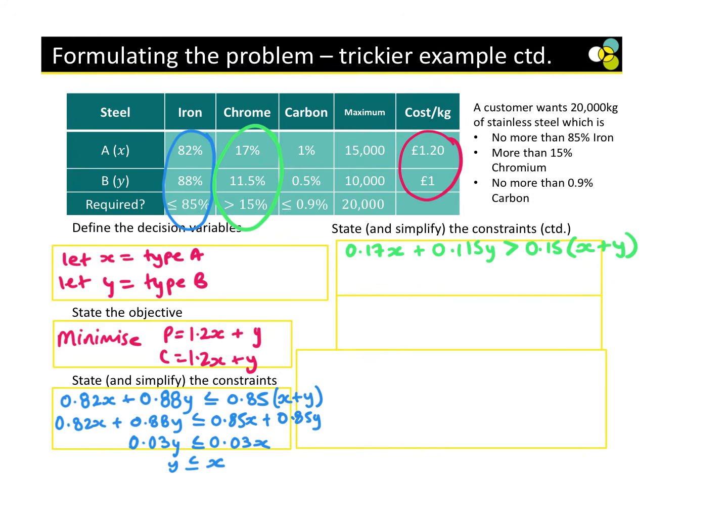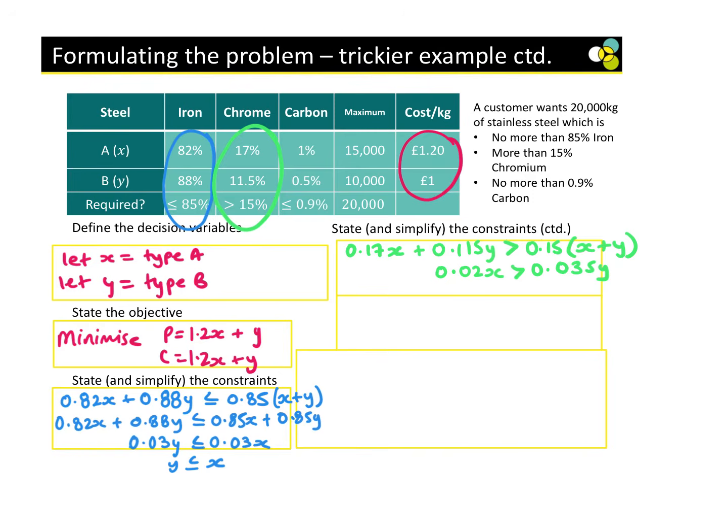I'm going to have 0.02x is greater than... What's 15 take away 11.5? 3.5? Yeah. 0.035y. Okay, so we can divide them by a number.